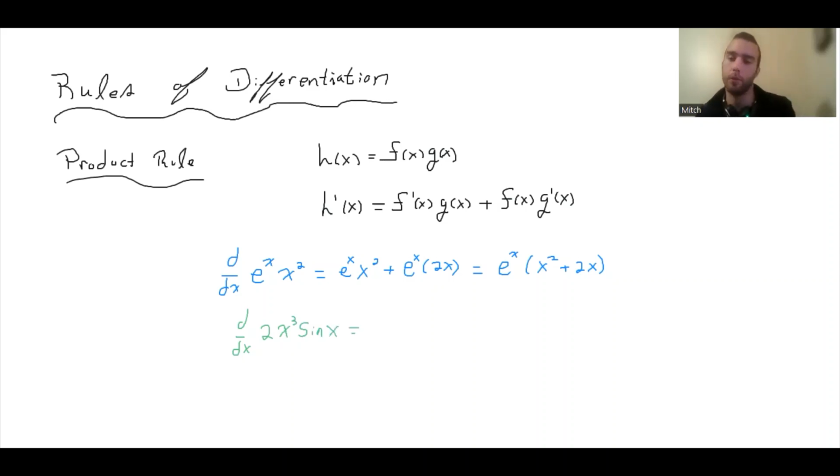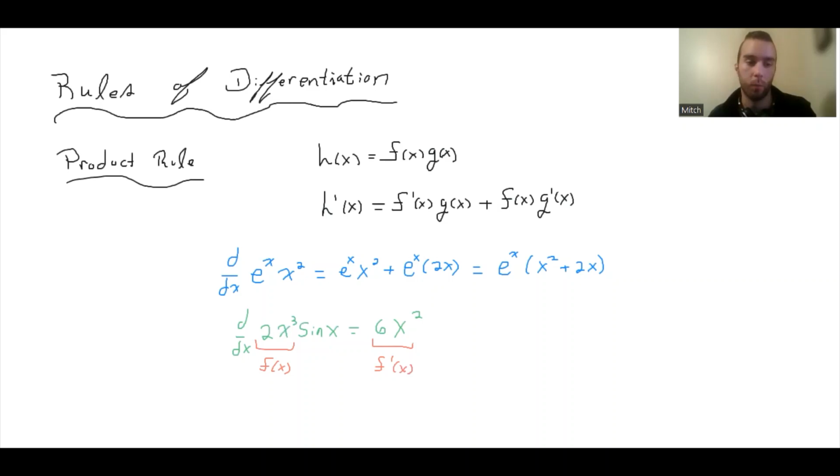So remember that the derivative moves through the constant, and it's going to be 6x squared, because that's the derivative of 2x cubed. This is our f of x right here. And so this is our f prime of x.